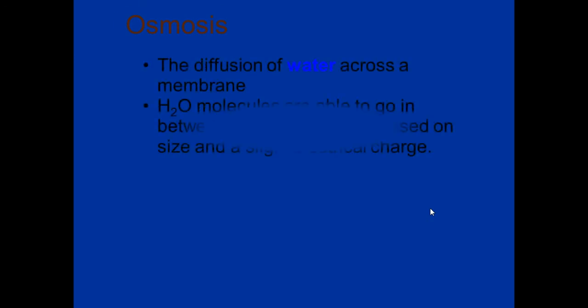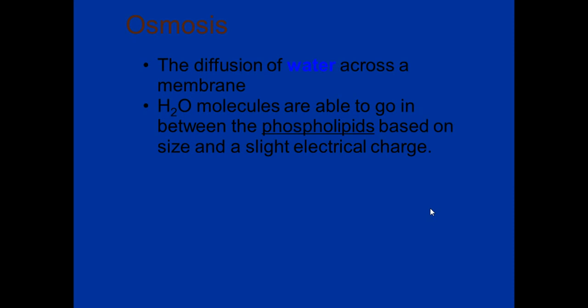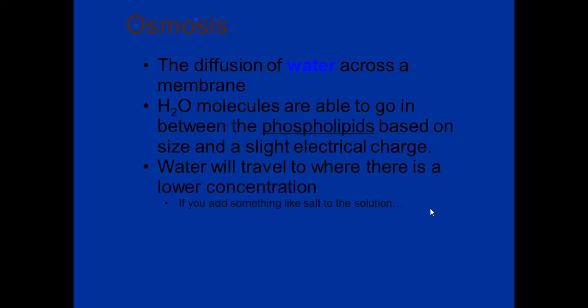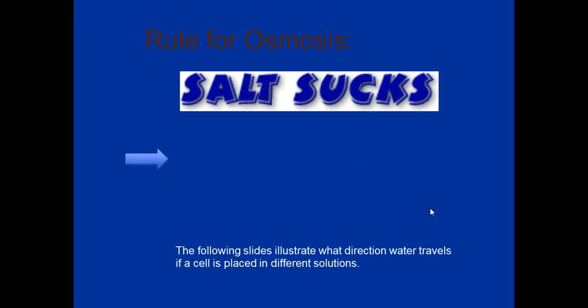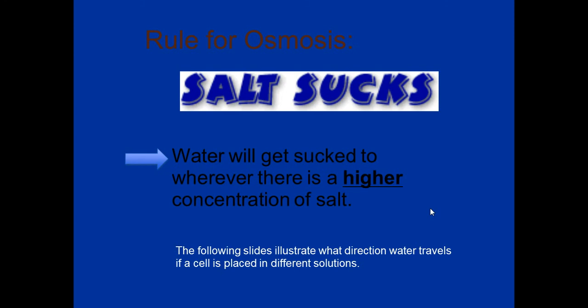Osmosis is the diffusion of water. Water molecules are able to go between the phospholipids based on their size and a slight electrical charge, and it will travel to where there is a lower concentration. If you add something like salt to the solution, that changes the behavior. Remember, the rule for osmosis is that salt sucks.